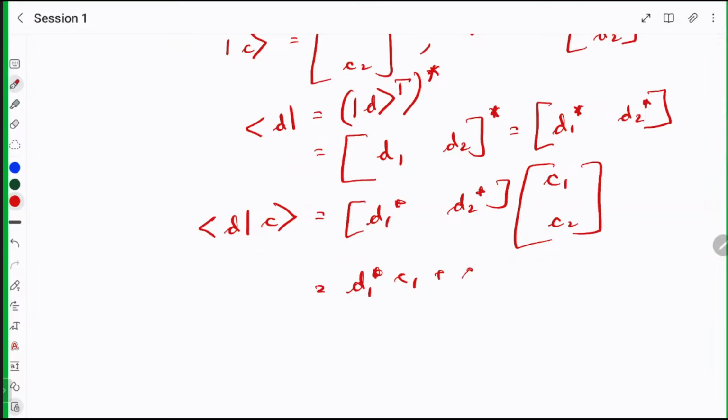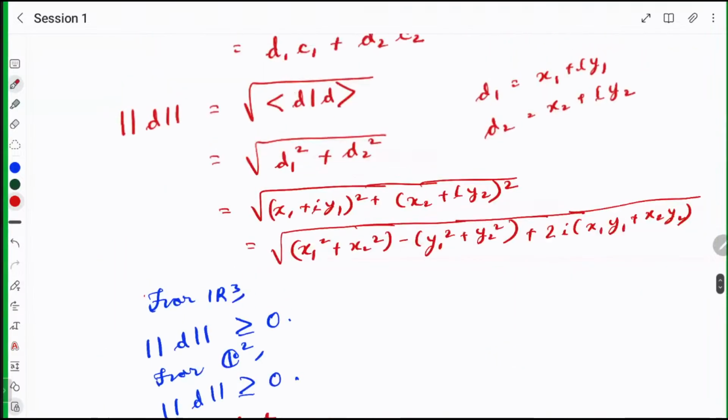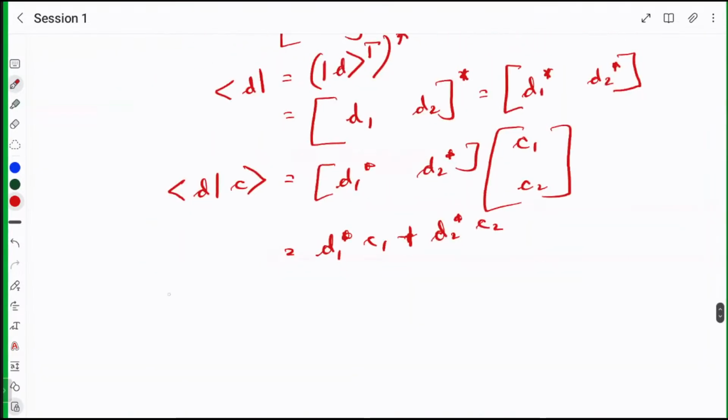And what if we try to find out the norm of D, so the DD inner product?